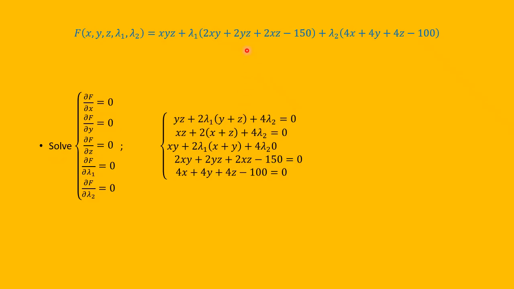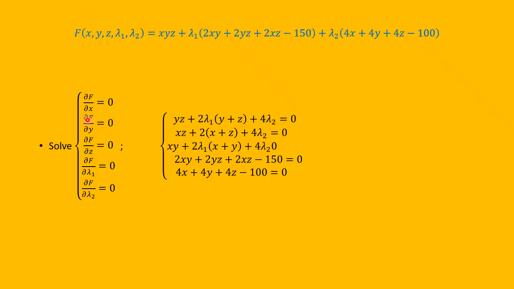And then, if we look at the last term, the partial derivative of this term with respect to x is just going to be 4 times lambda 2, which we have here. So we get yz plus 2 lambda 1 times y plus z plus 4 lambda 2 equals 0.